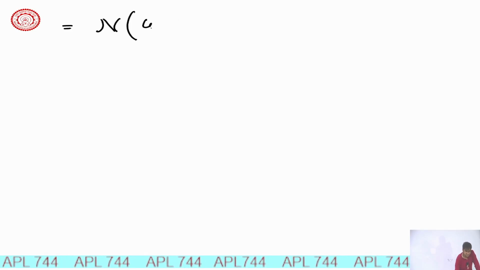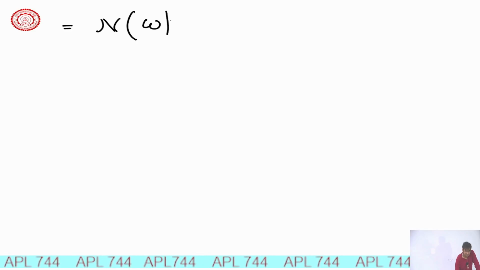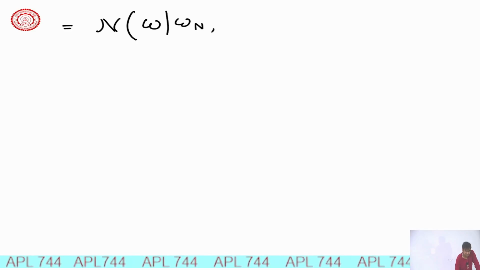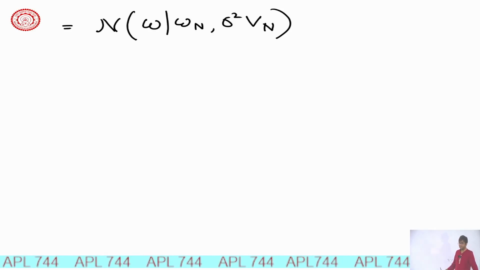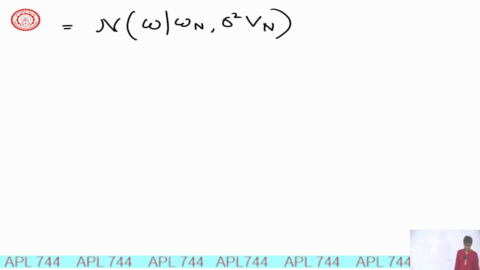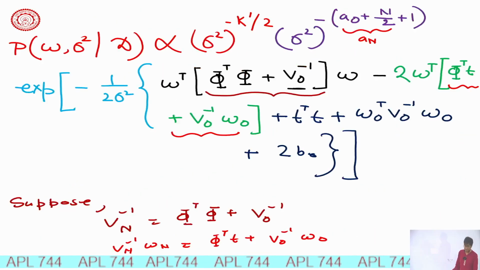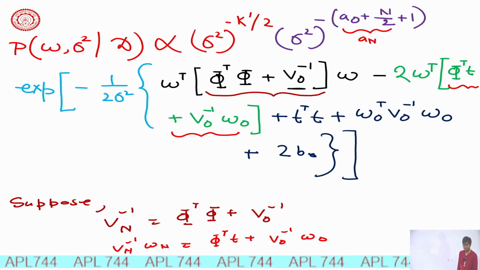So this is equal to a Gaussian of W given W_n comma sigma square V_n, and W_n and V_n I have already defined. Where? Here. Those things are already defined here, W_n and V_n. Okay.